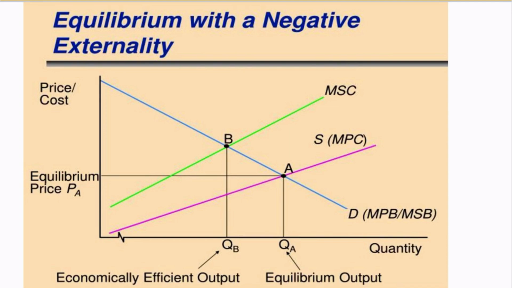Where they intersect at point A, you get an equilibrium output QA, means QA number of cars would be produced, and those would be available at an equilibrium price of PA.